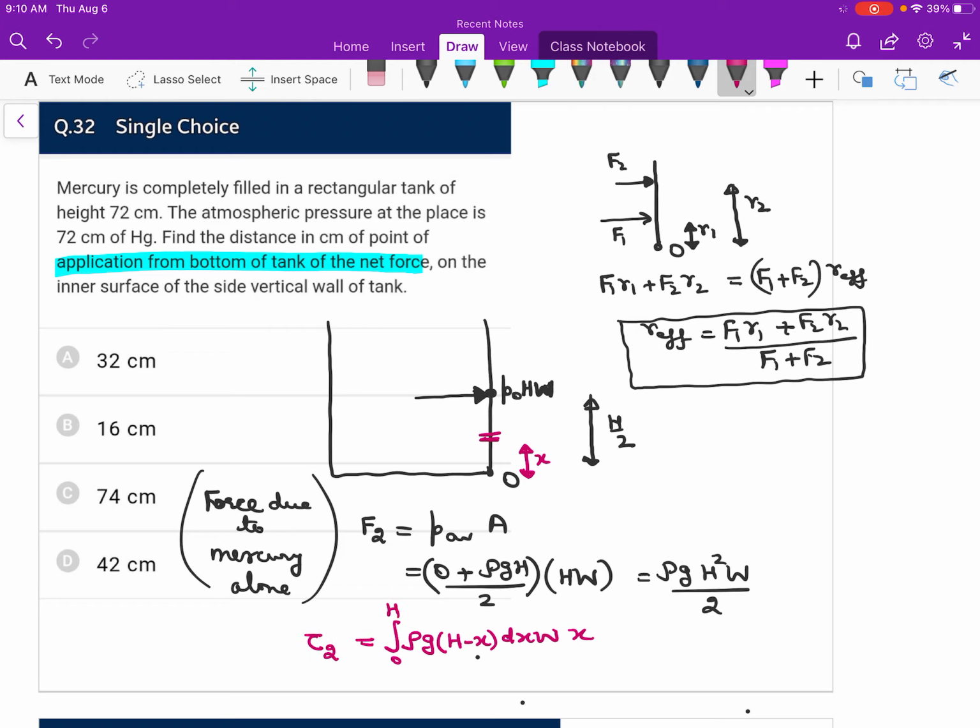This is the torque of force 2. So this is rho g w integral of (hx minus x square) dx, so h into x square by 2, so h cube by 2, and x cube by 3, so that is h cube by 3. So this is rho g w h cube by 6.